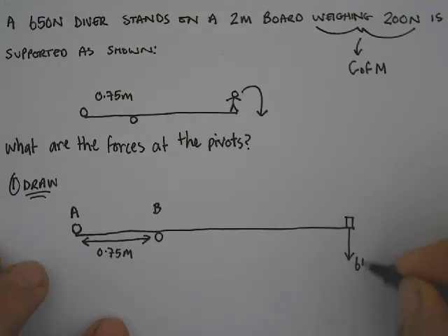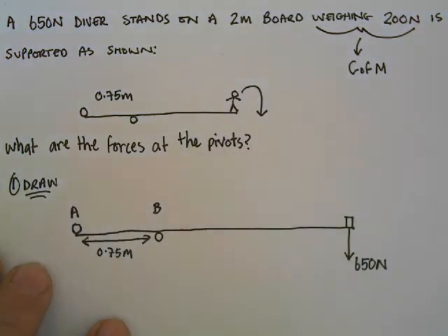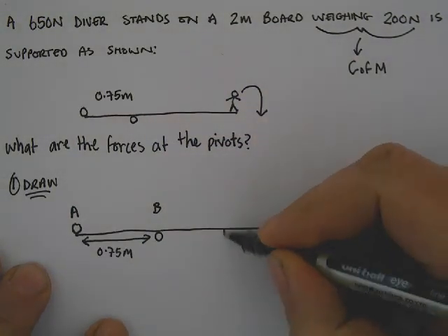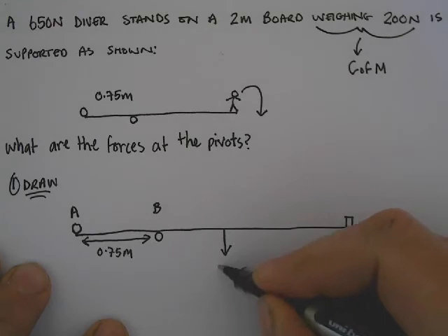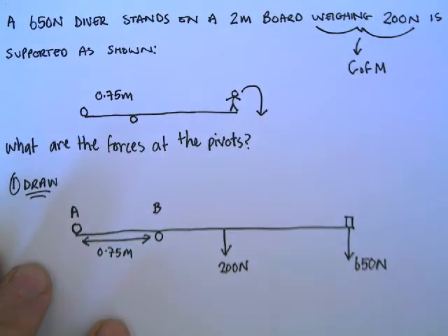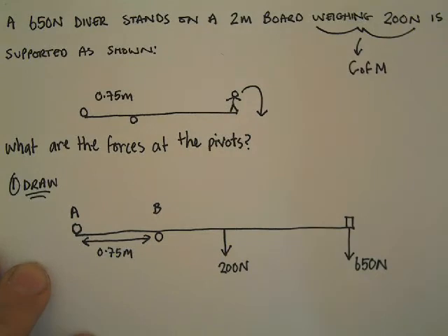So I'm going to draw an arrow here, 650 newtons. And we also know the weight of the board is 200 newtons. And that will act in the middle of the board. So I'll draw an arrow down here, 200 newtons, and we can add a little bit more information.